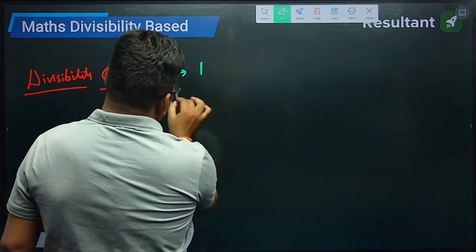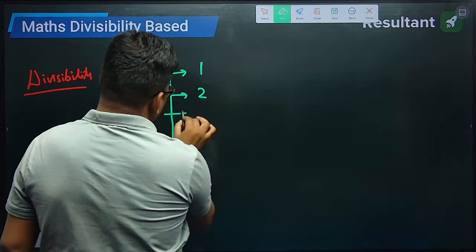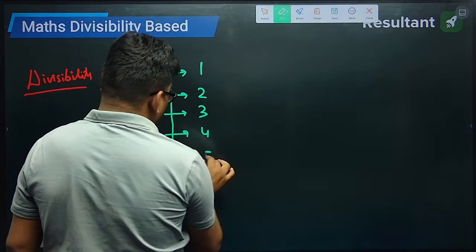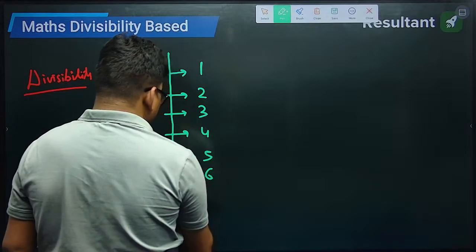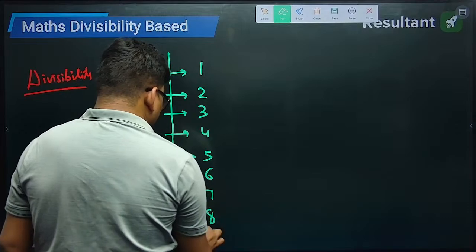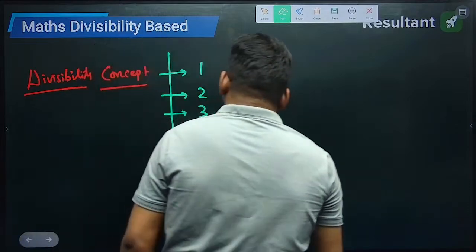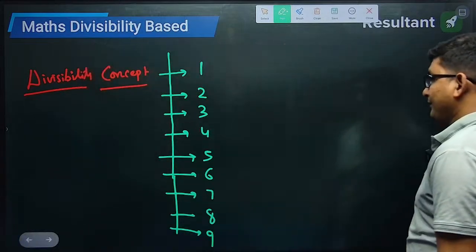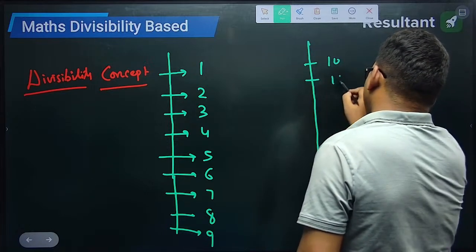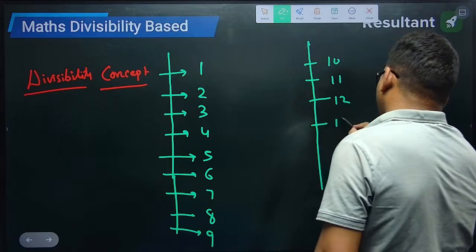Now there are some numbers whose divisibility is directly asked, or questions are based on direct divisibility. So we will study some numbers: 1, 2, 3, 4, 6, 7, 8, 9, 10, 11, 12 and 13.